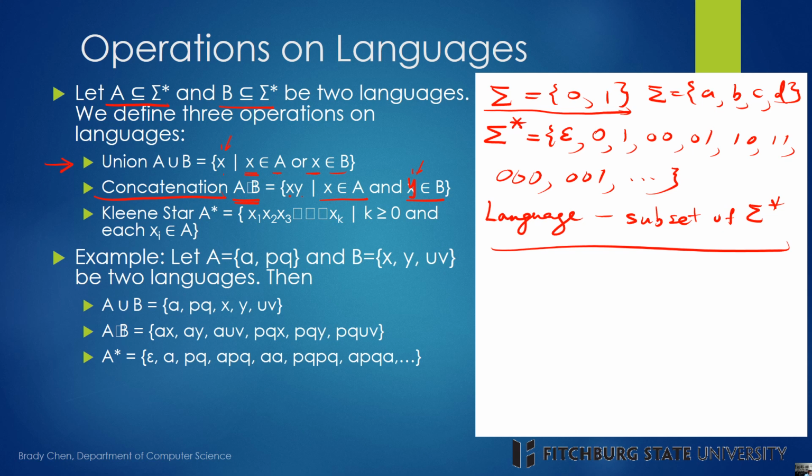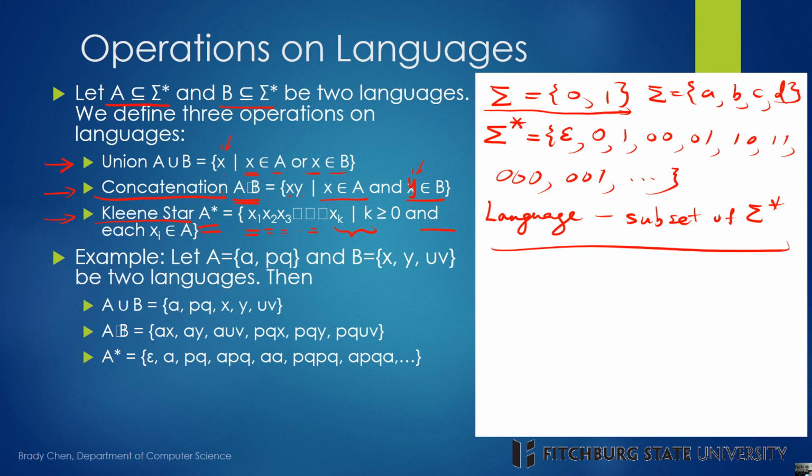And then for a language A, we also define the Kleene star, A star. This is defined as x1, x2, x3, and all the way to xk for any integer k. k could be 0, 1, 2, any integer.